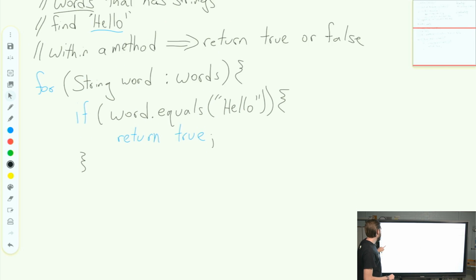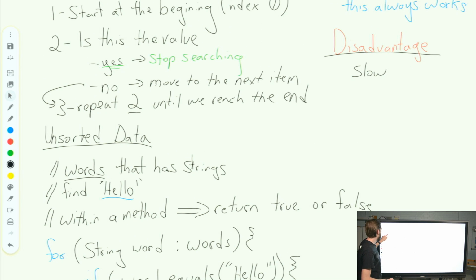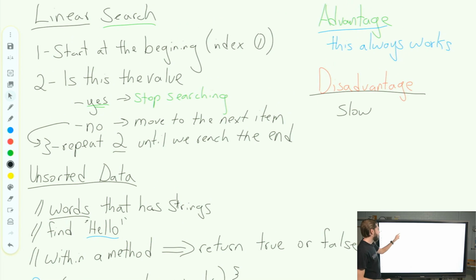Now, if we look back at the list here of what our algorithm is in plain language, we start at the beginning, good, we set that up with our for loop. Is the value, right? So have we found the value we're looking for? Is this the value? Yes, we're doing the yes condition. We already said yes, return. And remember, return has that special property that it kicks us out of the code wherever we are.